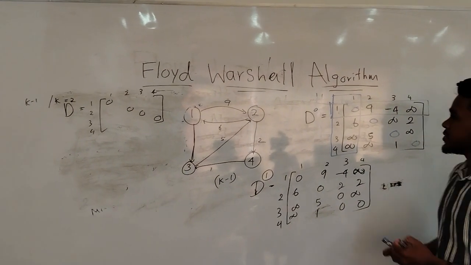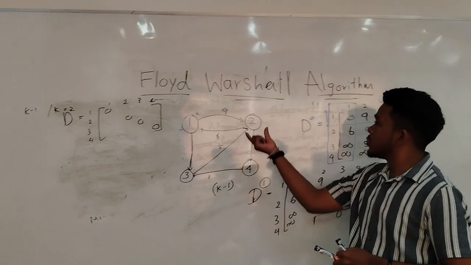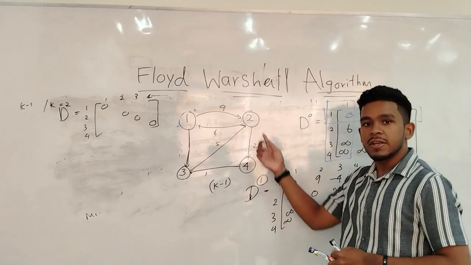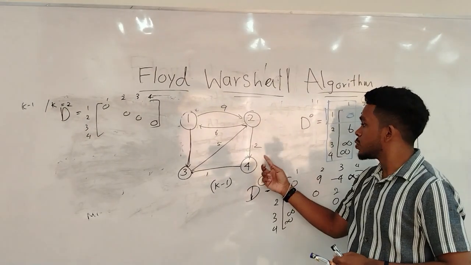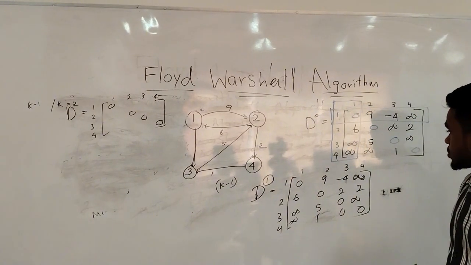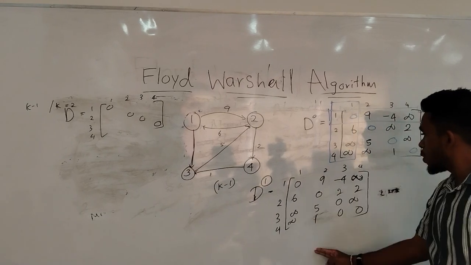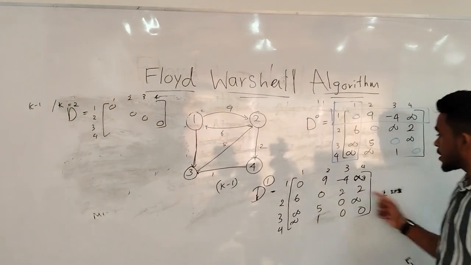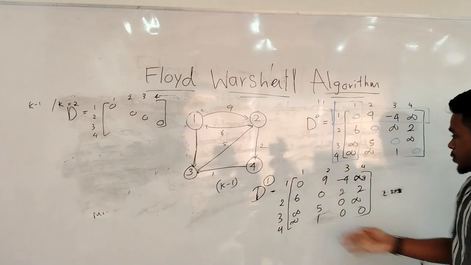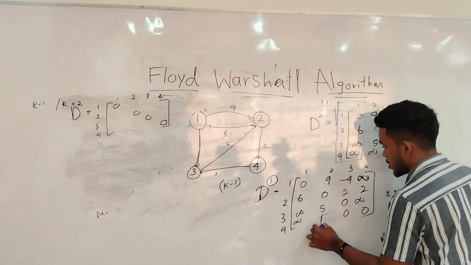Then we are using 2 as the path between. From this base matrix, we are selecting the corresponding row and column of 2.